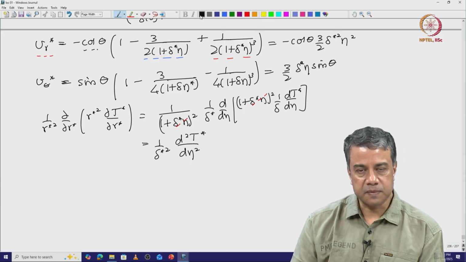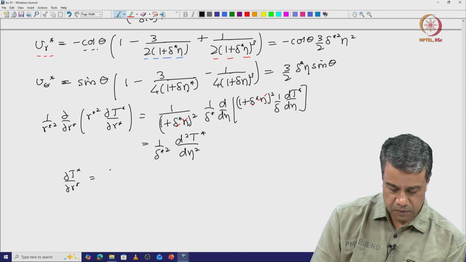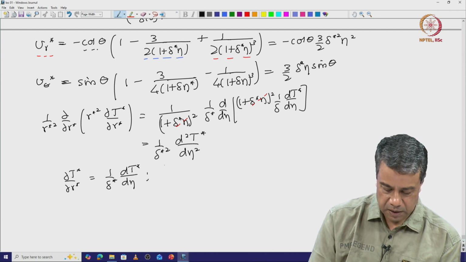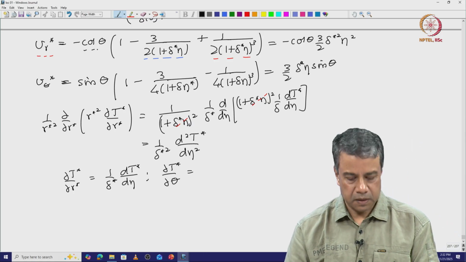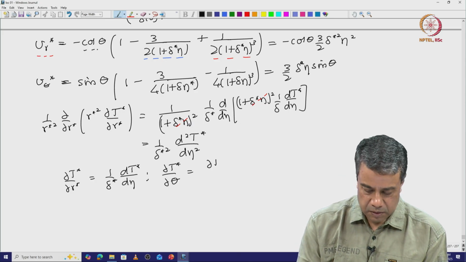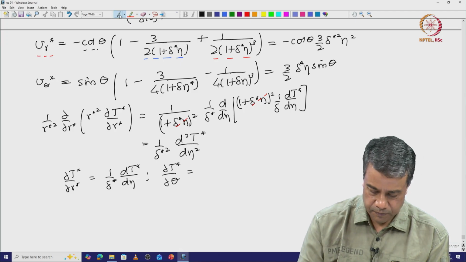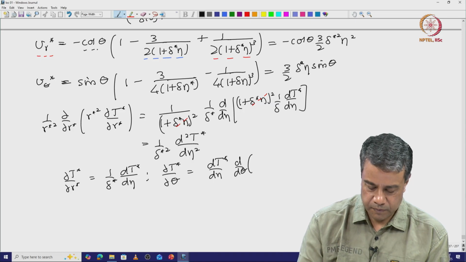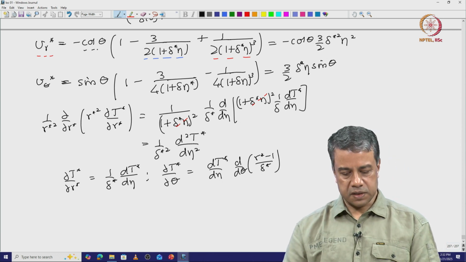And then we have to write the expressions for the other terms. Partial t star by partial r star is equal to 1 by delta star dt star by d eta, and partial t star by partial theta is equal to dt star by d eta times the derivative of eta, where eta is r star minus 1 by delta.